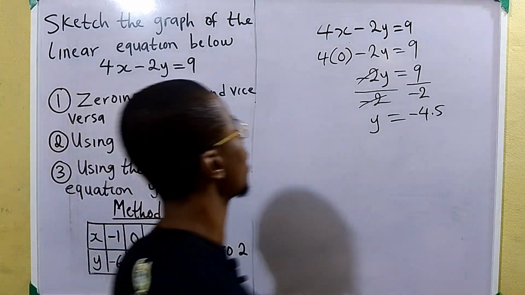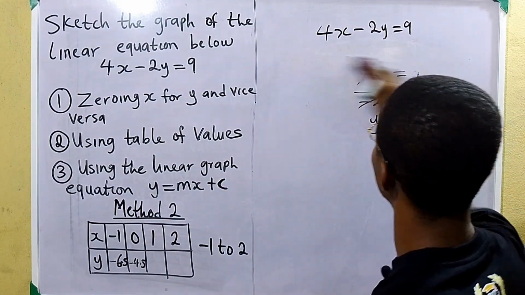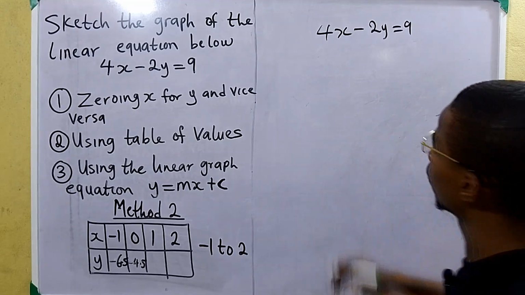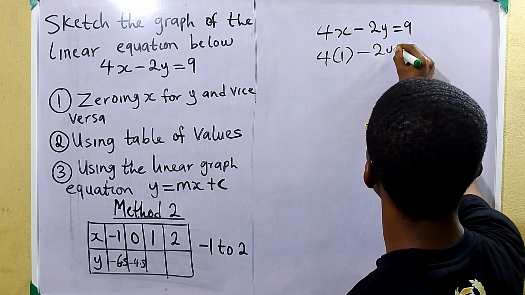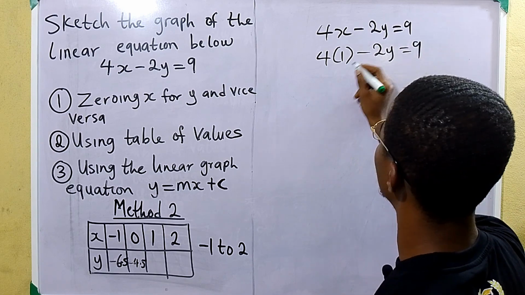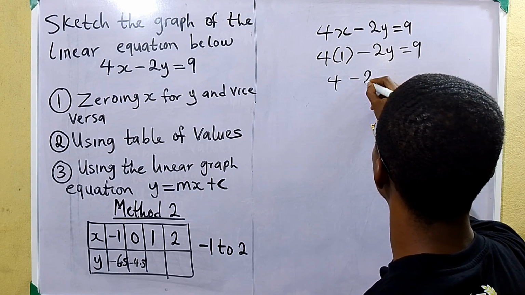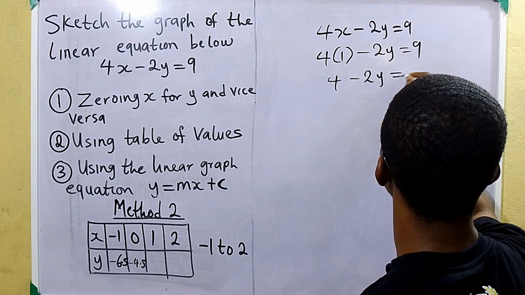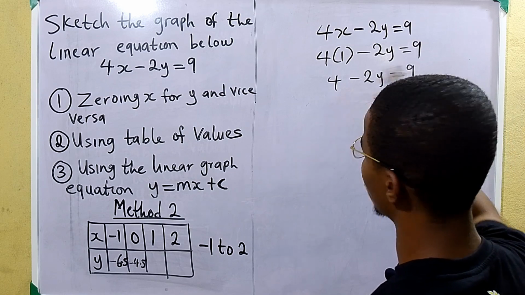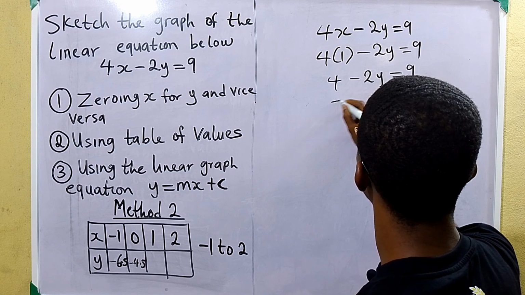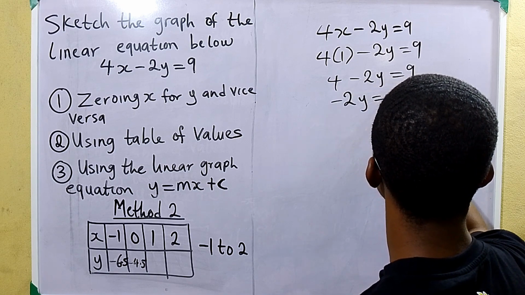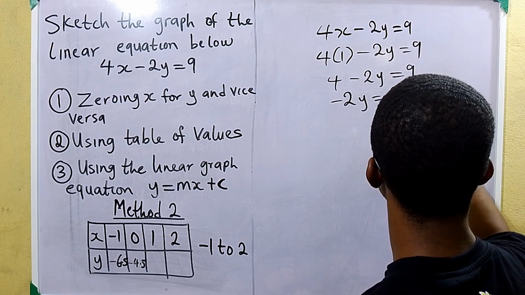So let's go for when x is 1. When x is 1, now we have here 4 multiplying 1 minus 2y equal to 9. So this will give us 4 minus 2y equal to 9. This crosses over, it becomes -2y equal to 9 minus 4.